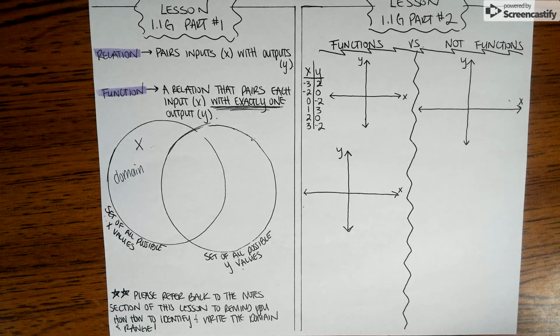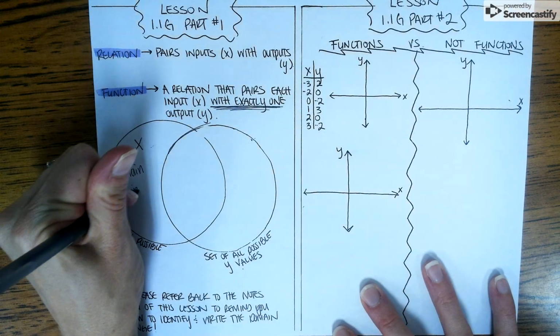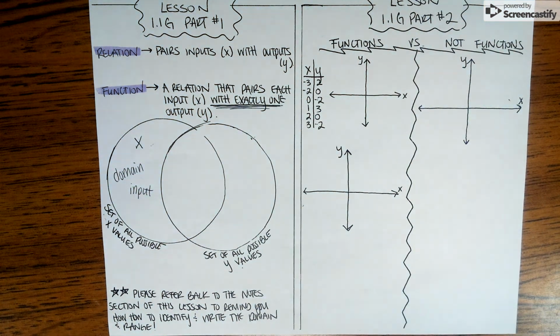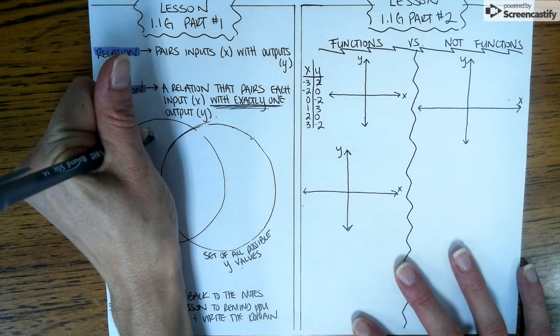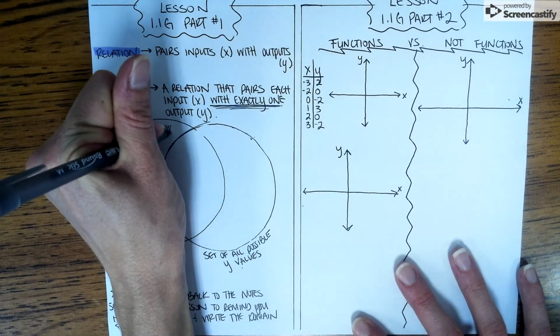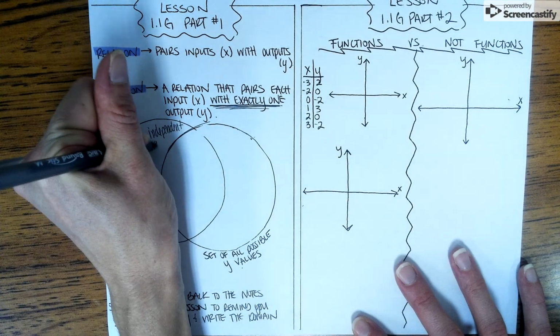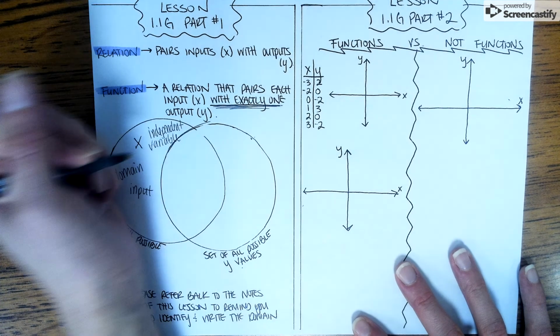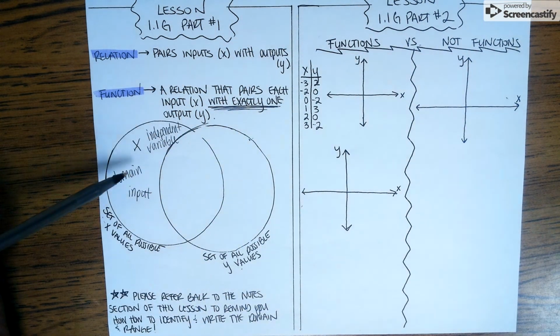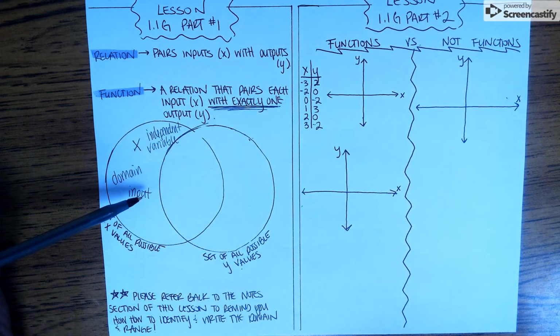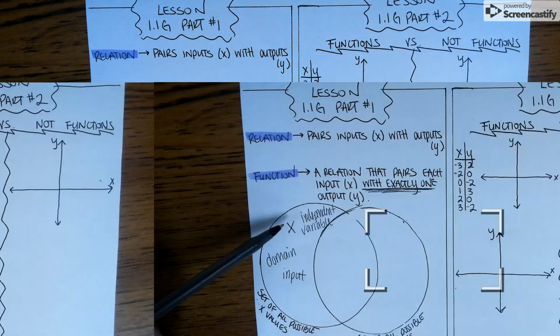Another word, or a synonym of domain, would be the word input or independent variable. So again, independent variable is the same as the domain, which is the same as the input, which all relate to the variable x.